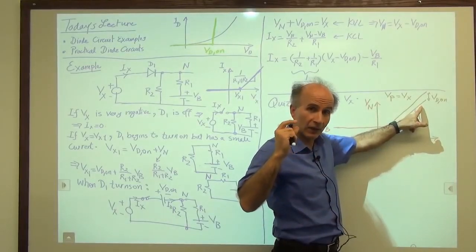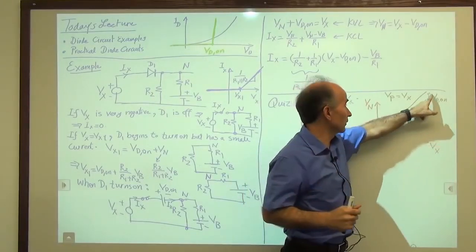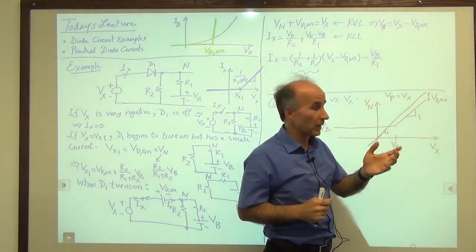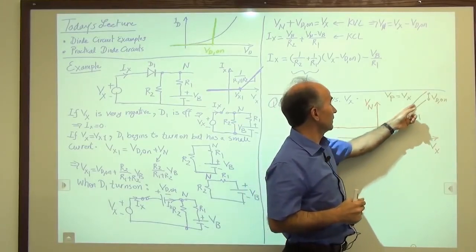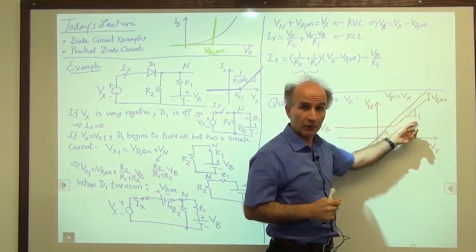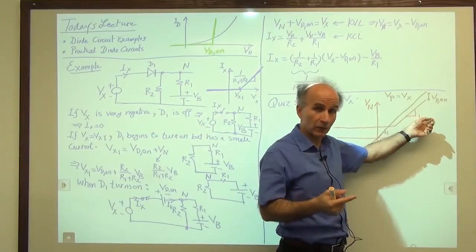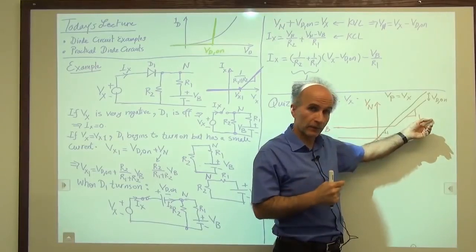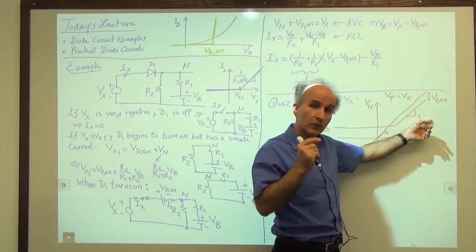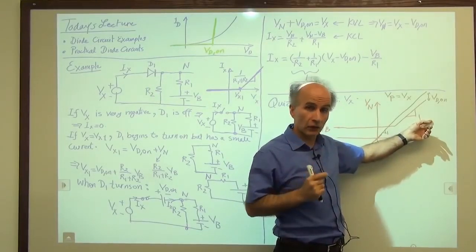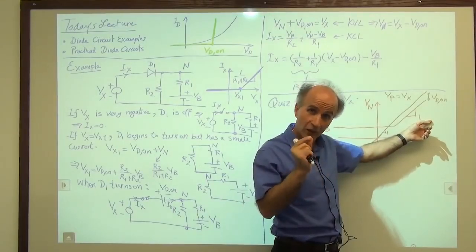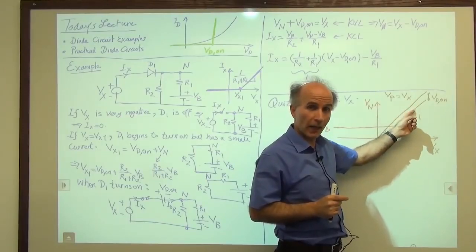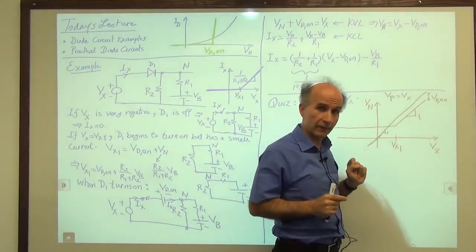Sometimes we call it a level shift, equal to Vd on. If we did not have the level shift, we would just track it with a slope of 1. But we have a level shift which arises from the diode, which arises from the constant voltage model of the diode. In fact, if we had assumed an ideal diode model where Vd on is 0, then we would have no level shift between these two. The output would be just this line of Vx.